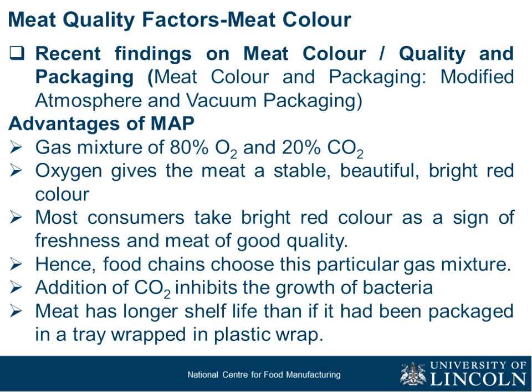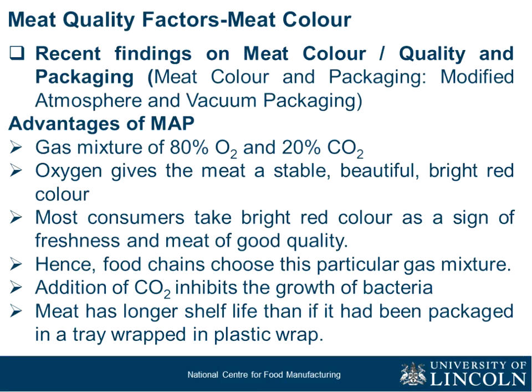Now, if in your modified atmosphere you want to have 80% oxygen and 20% CO2, what happens? Going back to what I said earlier, because you have 80% oxygen, it gives the meat a stable, beautiful, bright red color. This is what the consumer wants to see.